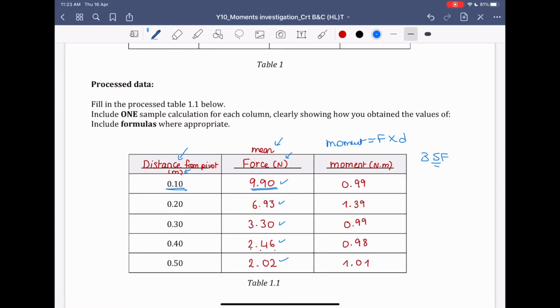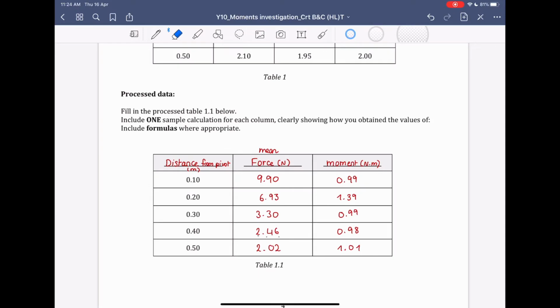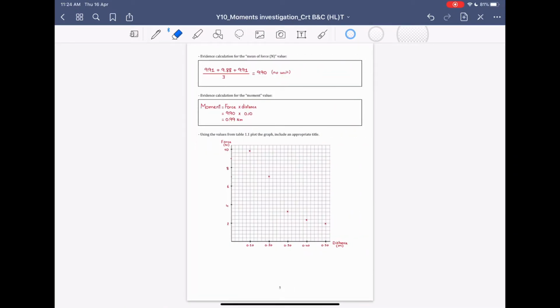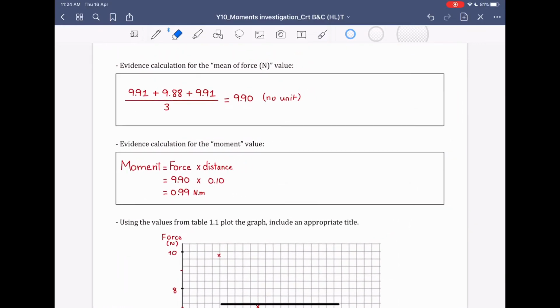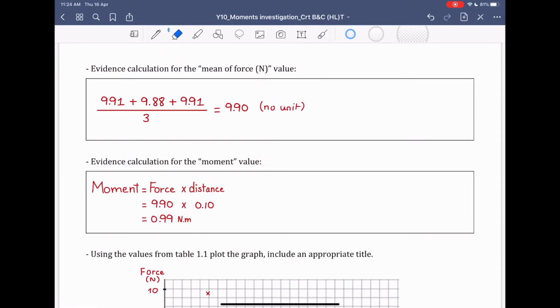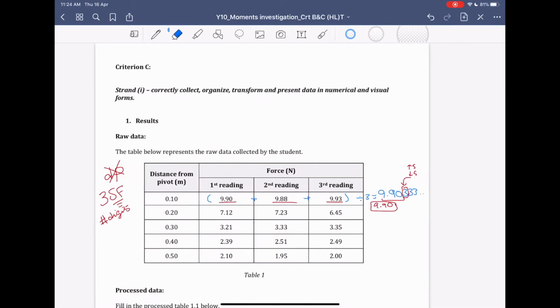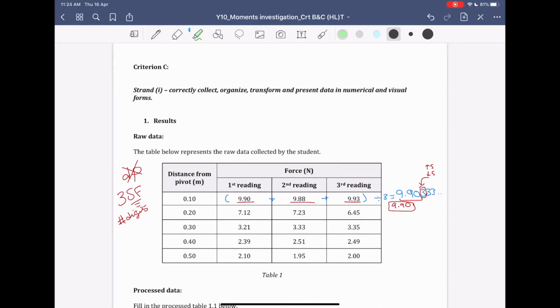Okay, now after that you need to plot the graph. So I'm going to take my data, and okay, so this is my data, and this is just evidence for the calculation of force and the calculation of the moment value. You need to plot these two.